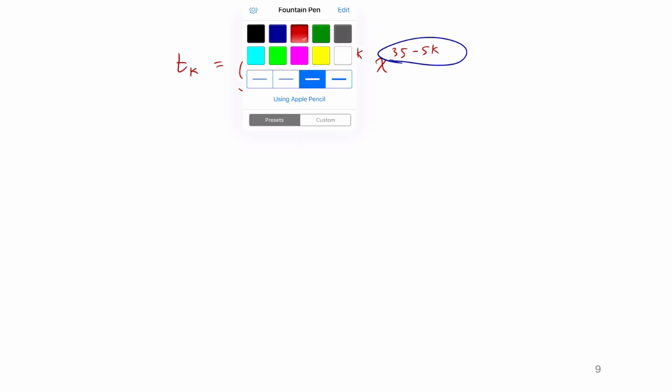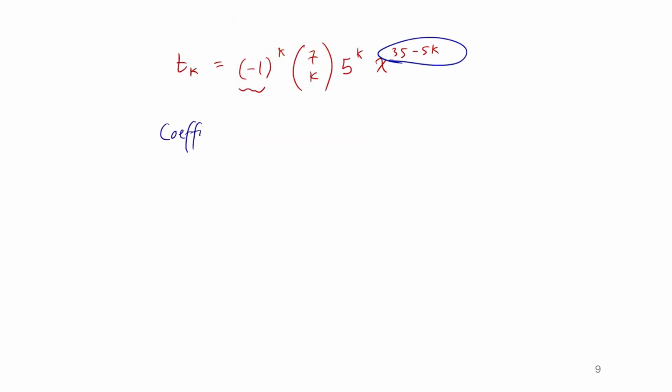And so the question is the coefficient on x to the 21. Well, then we'd have to follow the same process, set the exponent equal to 21. But then you solve 5k is equal to 14, and k is equal to 14 over 5.